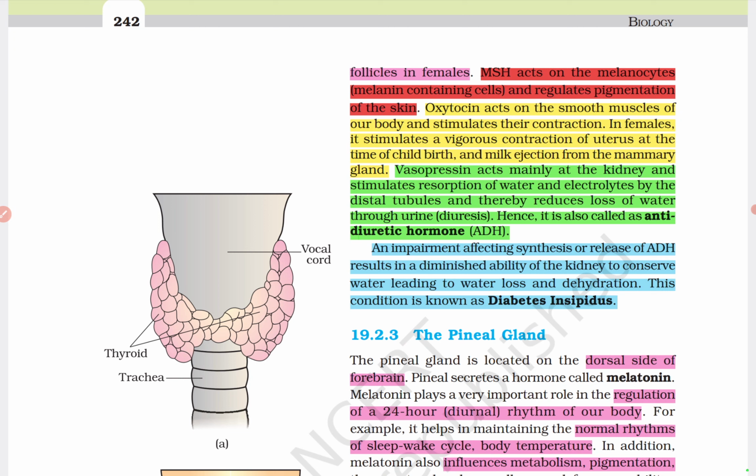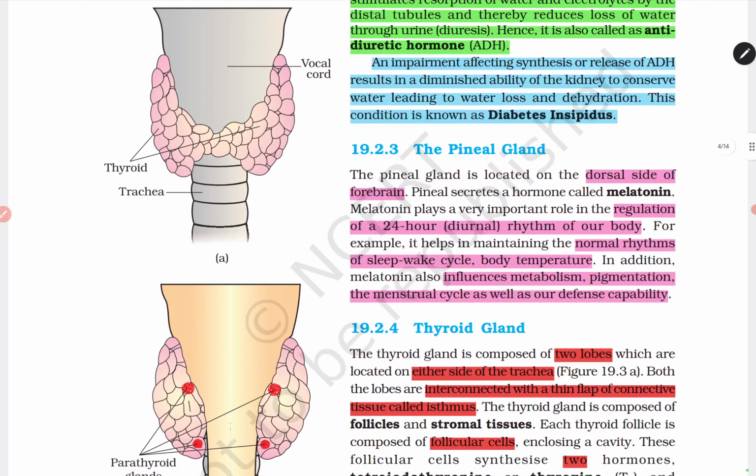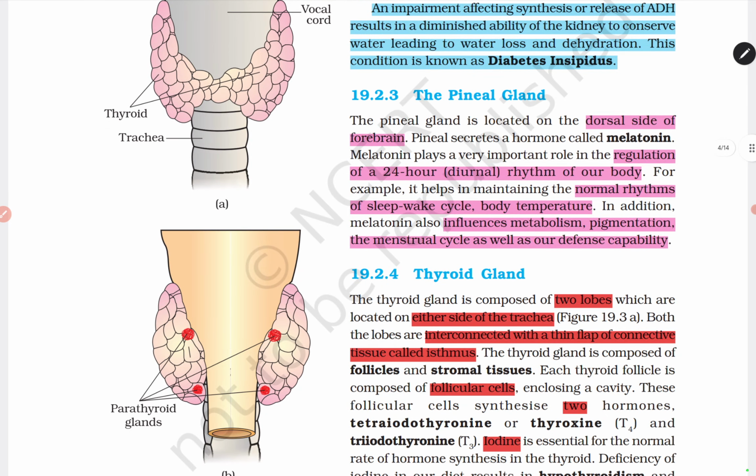Hence it is also called antidiuretic hormone, ADH. An impairment affecting synthesis or release of ADH results in a diminished ability of the kidney to conserve water, leading to water loss and dehydration, and this condition is known as diabetes insipidus. Remember the disease, diabetes insipidus.